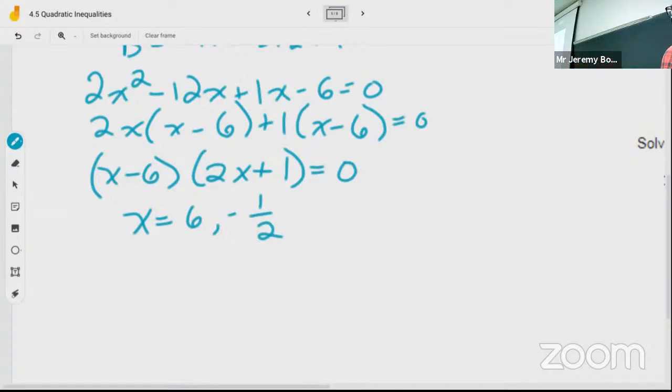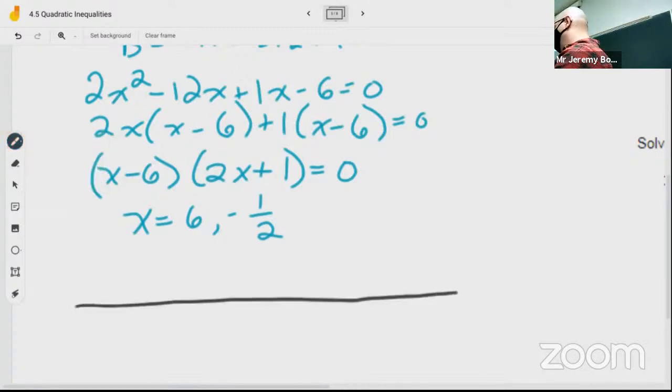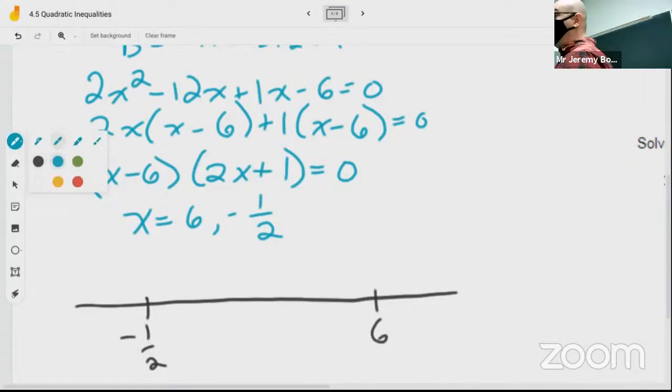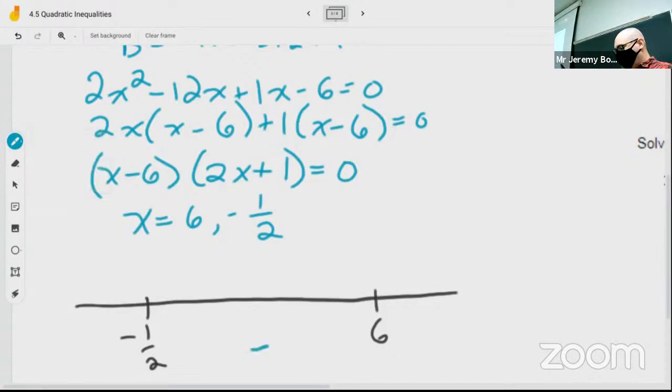Any questions on that? Don't worry about it too much. I mean, we're not doing anything else with the fraction other than saying, okay, negative 1/2 is here and 6 is here. What is my graph going to look like? Well, it opens up because a was positive 2. So my graph is going to look like this.